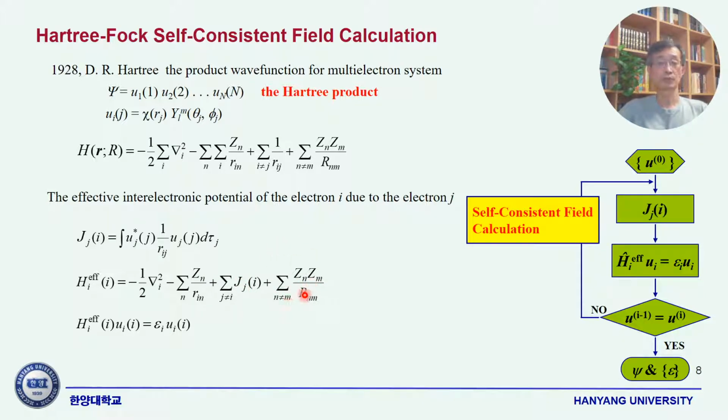But you notice that the only electronic degree of freedom, the only independent variable, is electron i's coordinate, so this Hi effective is the effective Hamiltonian for electron i. Then you can solve this one-electron problem and find electron i's orbital.